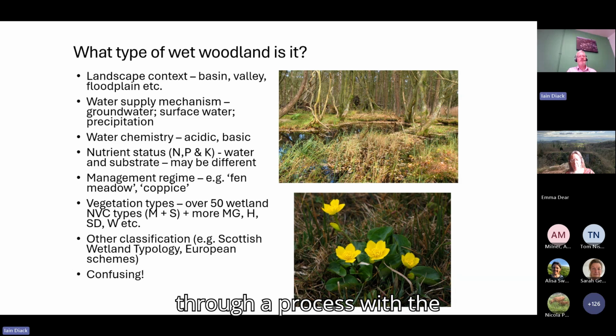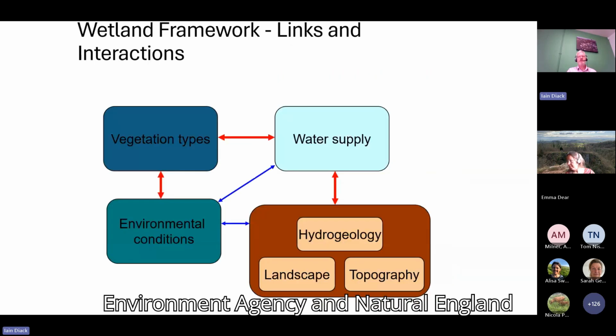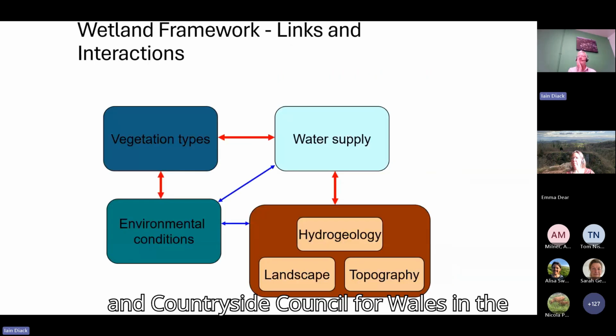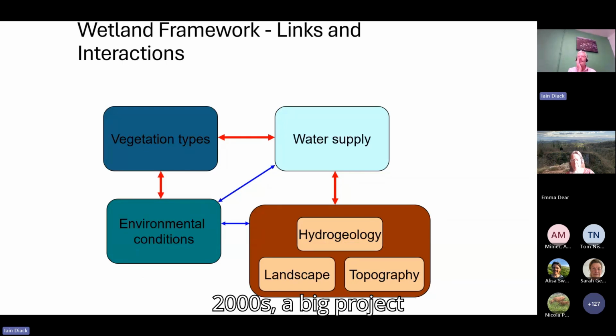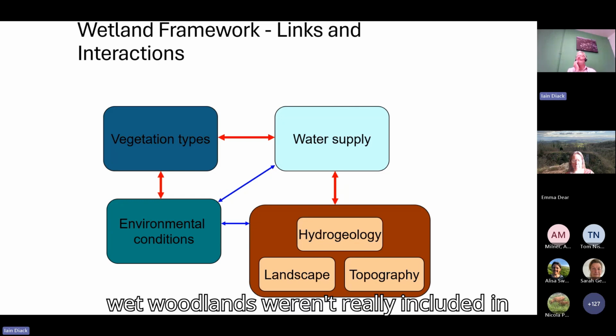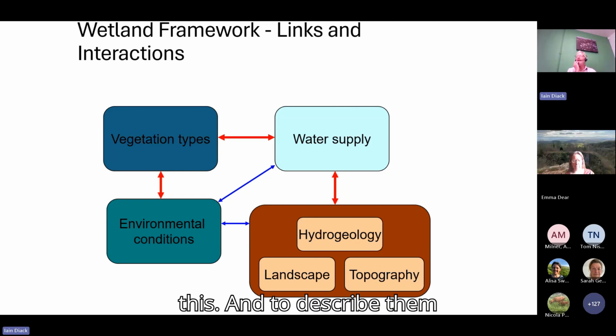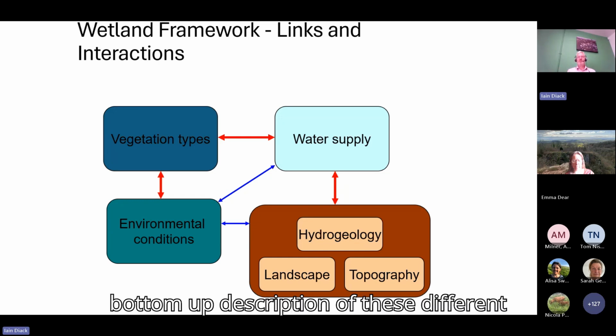through a process with the Environment Agency and Natural England and Countryside Council for Wales in the 2000s, there was a big project to try to describe wetland features. I would say wet woodlands weren't really included in this. It was to describe them from detailed analysis and a bottom-up description of these different components.